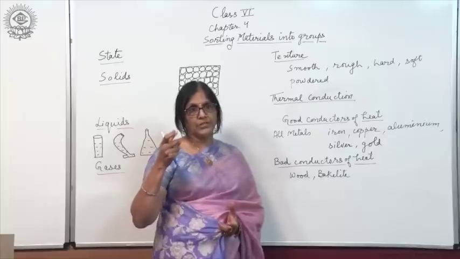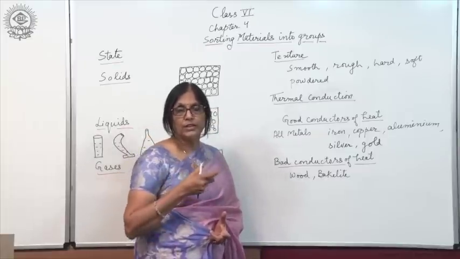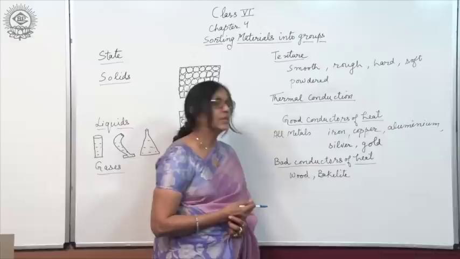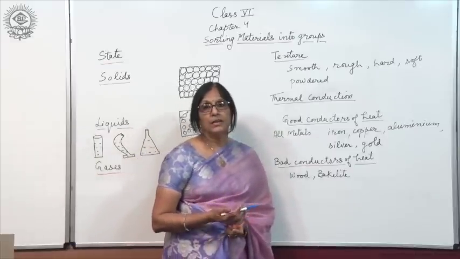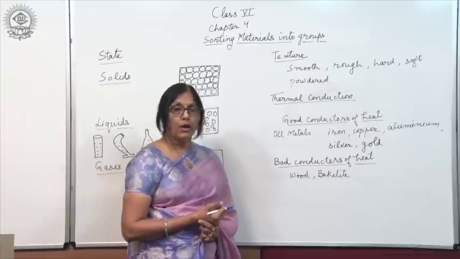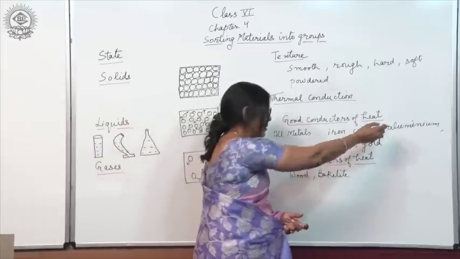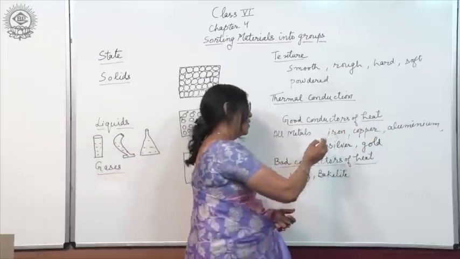So, those substances which allow the heat to pass through them are called good conductors of heat, and all the metals like iron, copper, aluminum, silver, gold are good conductors of heat. All the cooking pots are made of these metals like iron, copper, aluminum, steel, which is an alloy of iron.